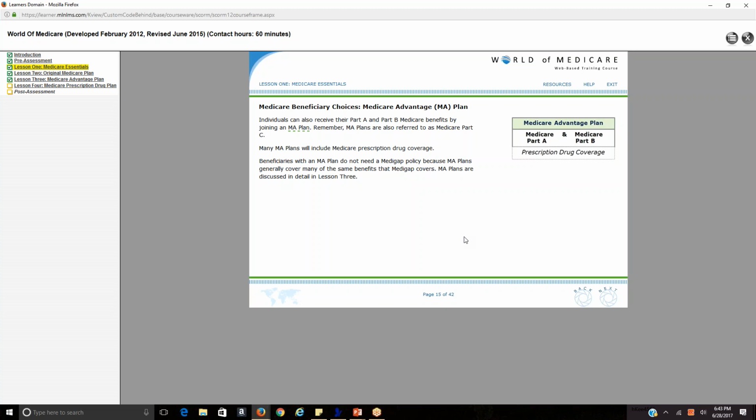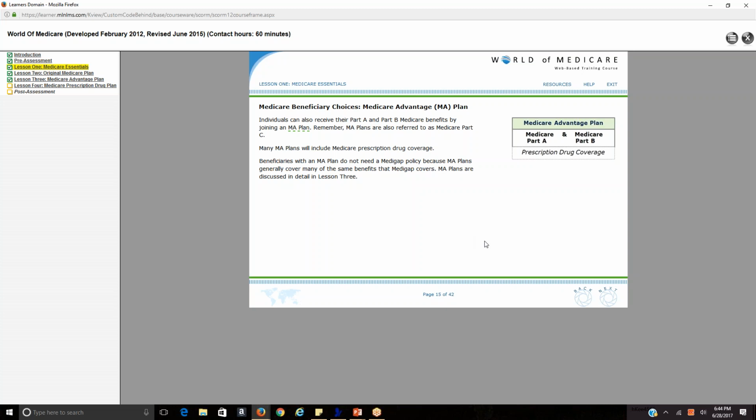One of the things you need to understand about the differences between Original Medicare and the Medicare Advantage plans is that Medicare Advantage plans are going to try to enroll you or entice you into that plan with promises of much lower monthly premiums.